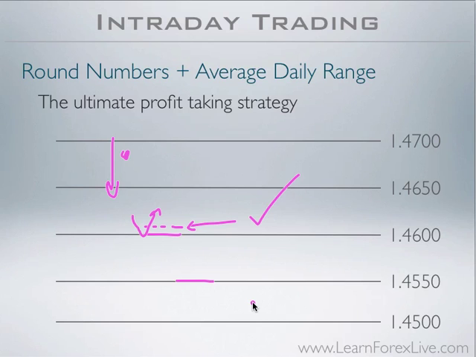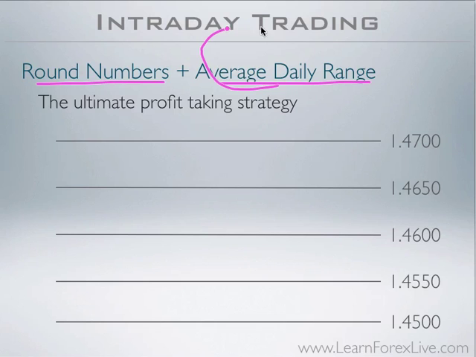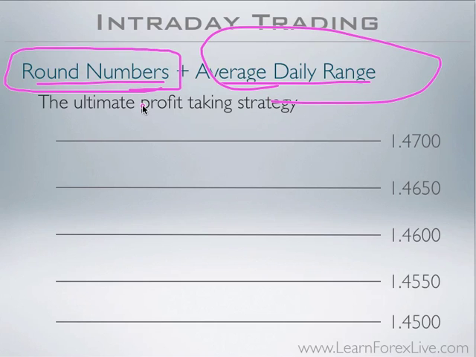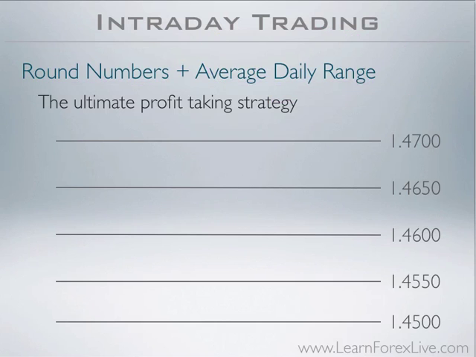Those pips are in your pocket, they are in your account, and no one can take them away from you. So again, by blending round numbers and the average daily range, we trade within the statistics and we offset the risk as the trade progressively develops in our direction.